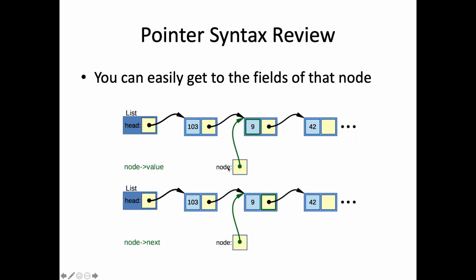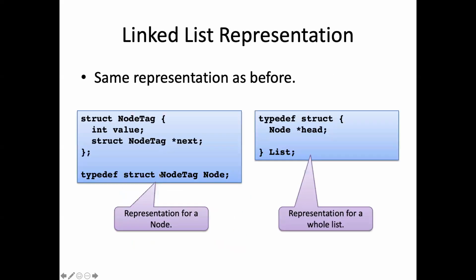If node is pointing at this struct with the 9 in it, then node, and I probably skipped over this slide where I said same representation we used a couple of lectures ago. Every node has a value and a next pointer, and there's a list structure that just has a head pointer in it.